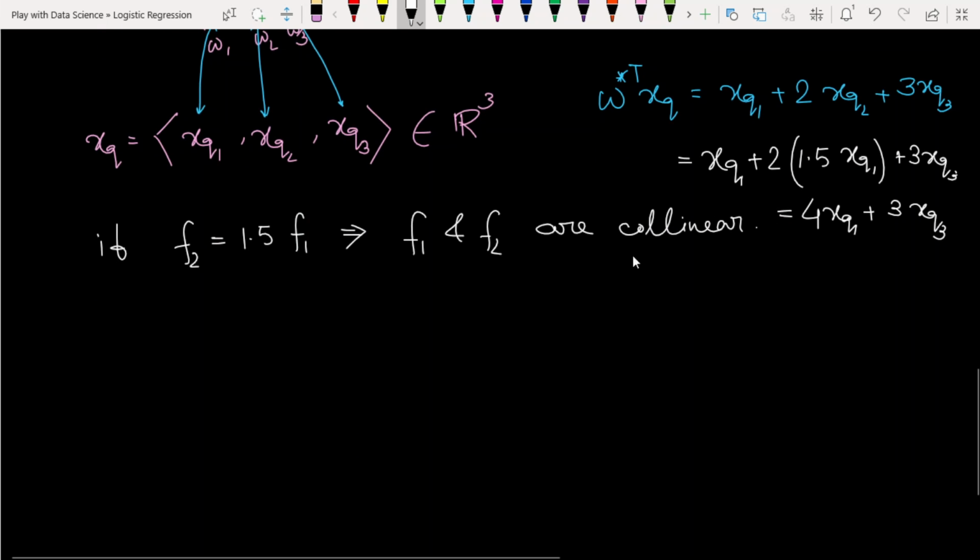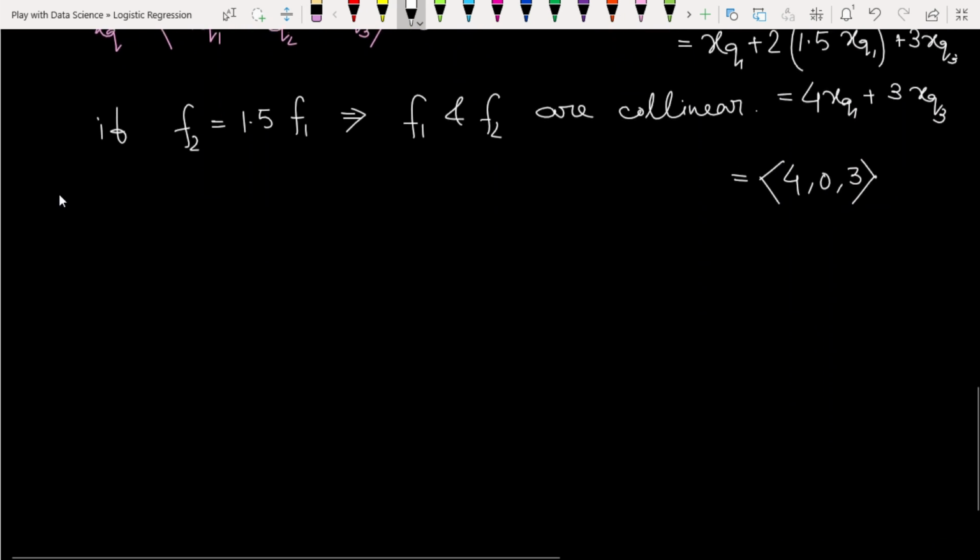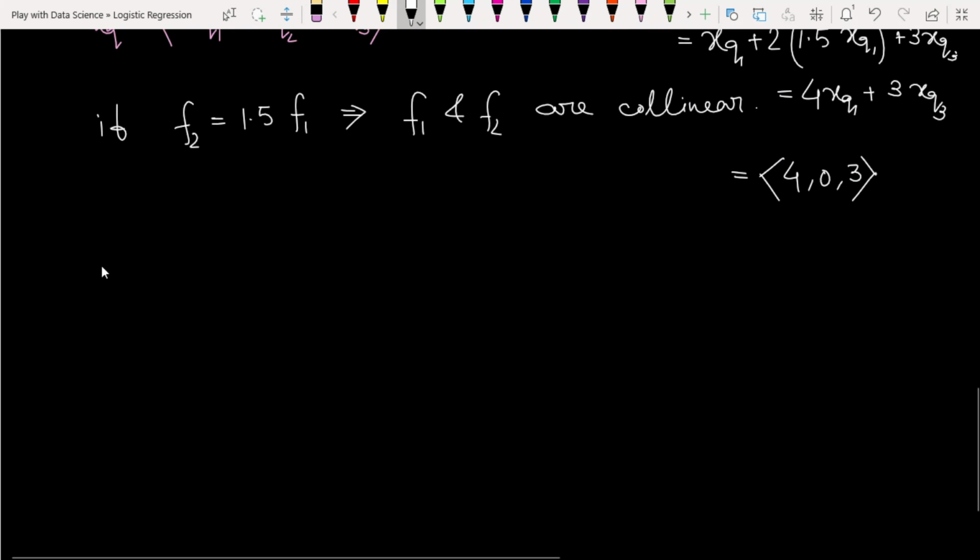So here the weight vector will be 4, 0, 3.